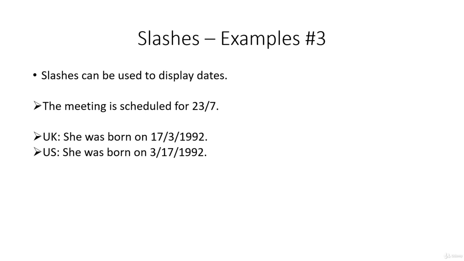But in the US, they put the month, then the day, and then the year. So the same information, she was born on the 17th of March, 1992, in an American format would be written as we see here, 3/17/1992.